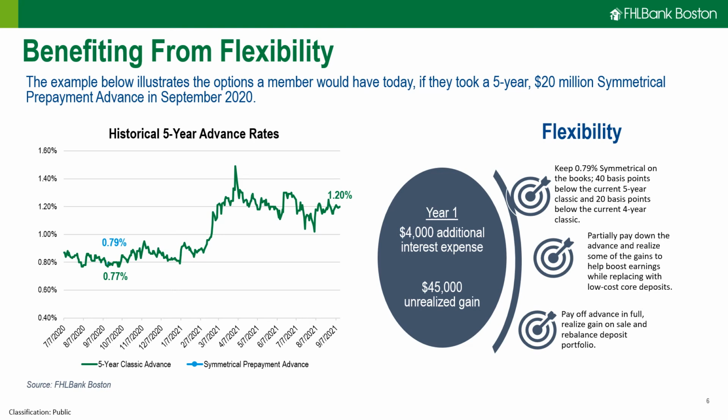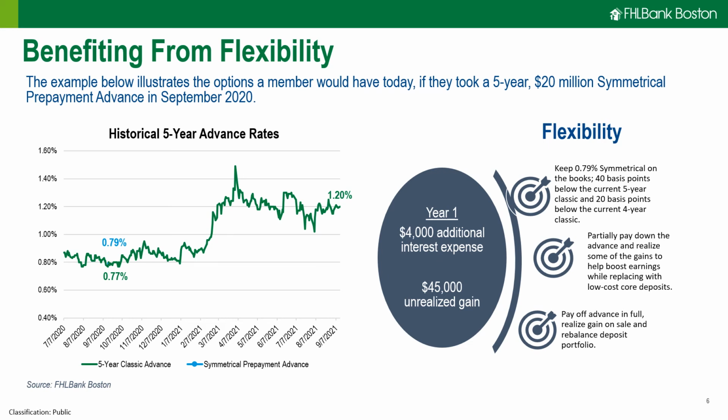Option 2, partially pay down some of that advance and realize some of the gains. So if you need earnings and need an earnings boost because of contracting margins, you can realize some of that gain and flow it through earnings, and then replace it with either low cost core deposits that you may have inflows of, or another advance.